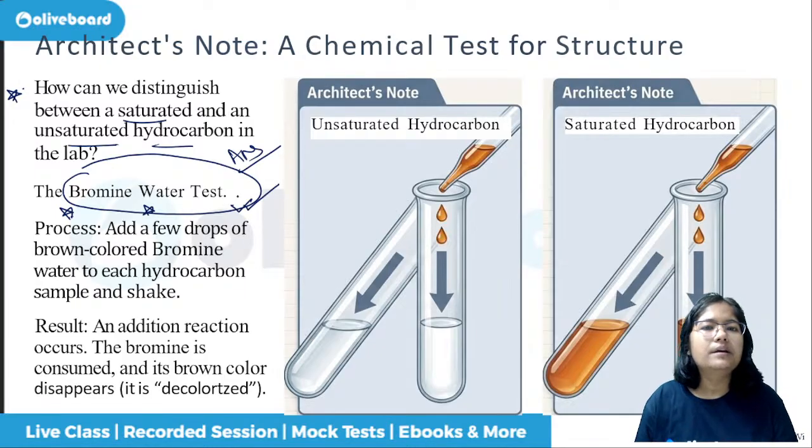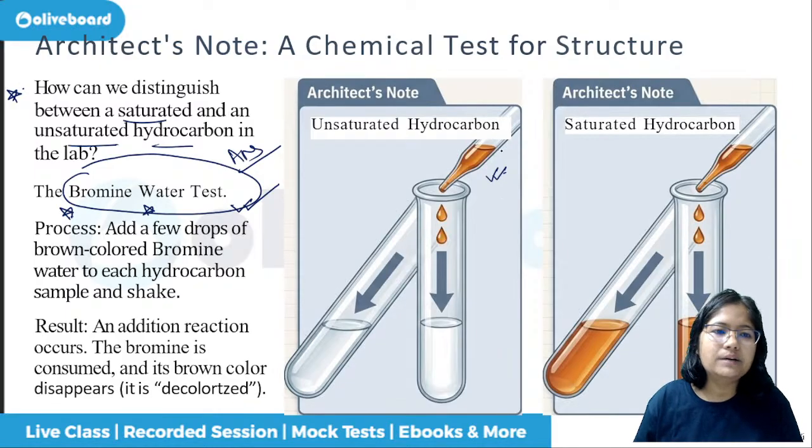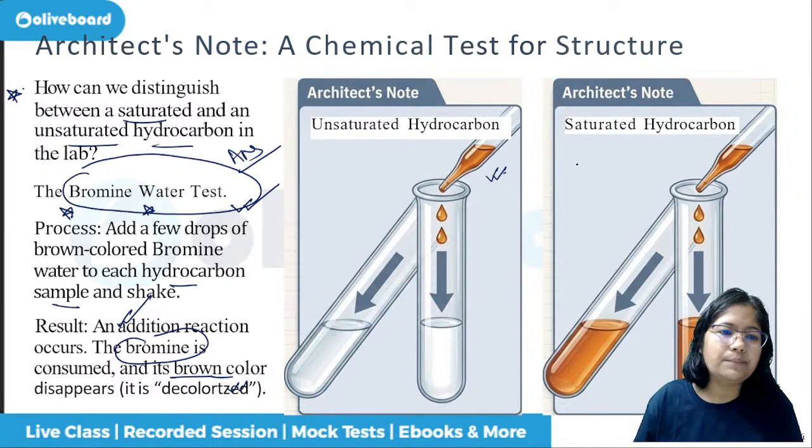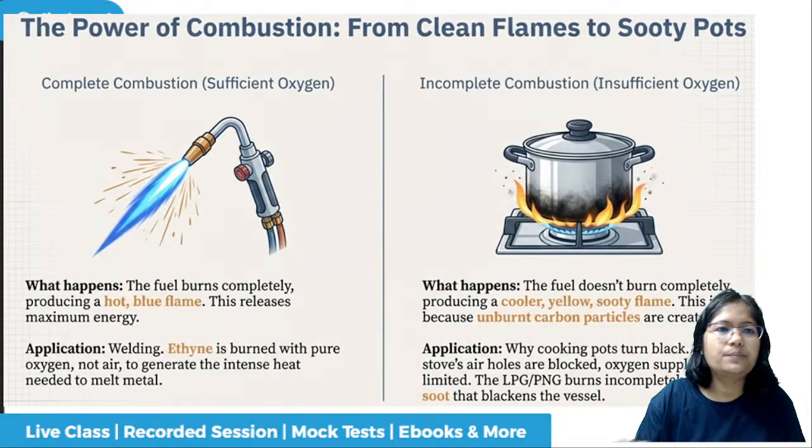Brown colored bromine water is added to each hydrocarbon sample and then it is shaken, and if an addition reaction occurs, the bromine is consumed and its brown color disappears. Okay, so if it disappears, that means what will happen? There will be unsaturated hydrocarbons.